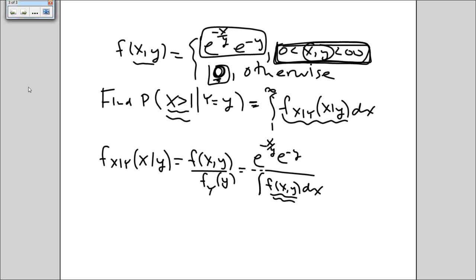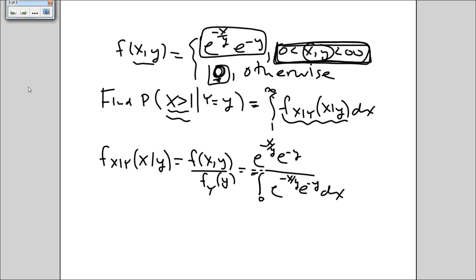So we go from 0 to infinity. Another thing we know is we know what f of x, y is in this interval from 0 to infinity. It's e to the negative x over y, e to the negative y dx.